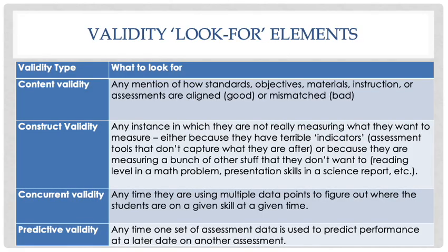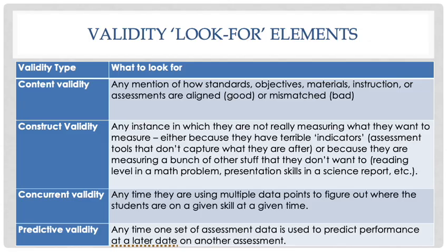One of the things you'll be doing is looking at different scenarios and trying to pull out the relevant information about where the concurrent, construct, content, and predictive validity issues are. So here's a little list of things to look for. If there's any mention of standards, objectives, materials, instruction, or assessments and their alignment, that's a content validity problem.